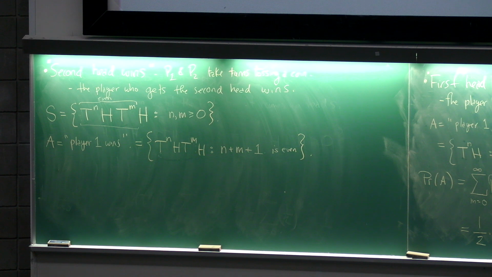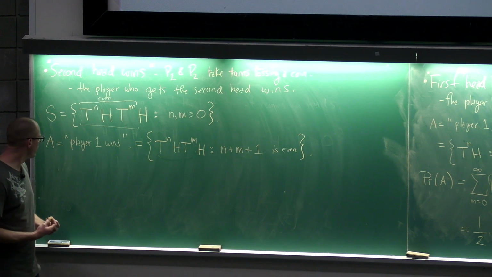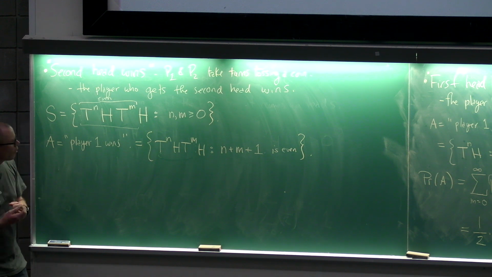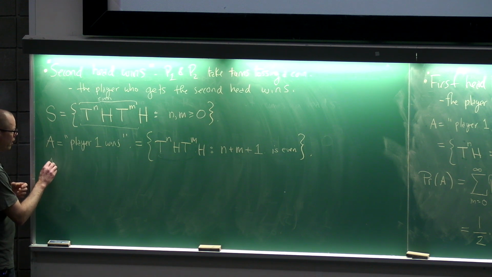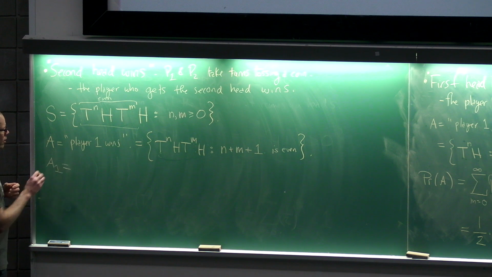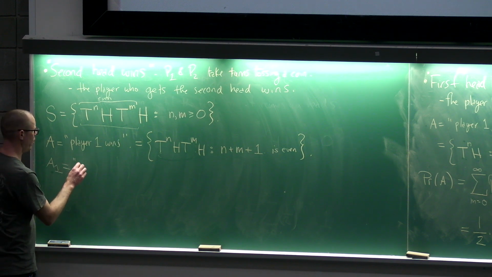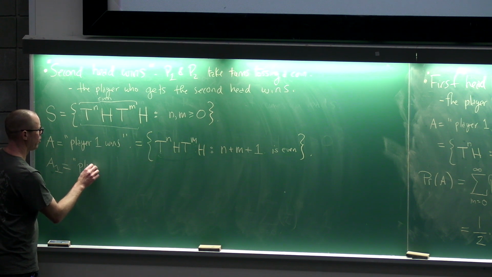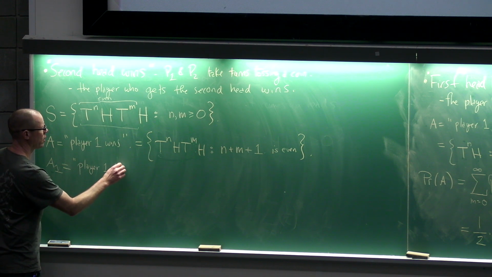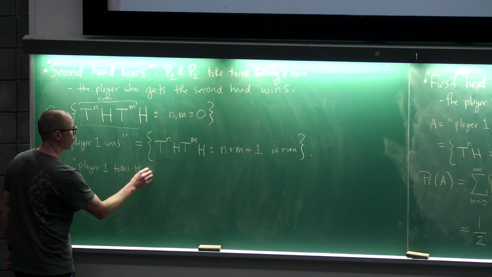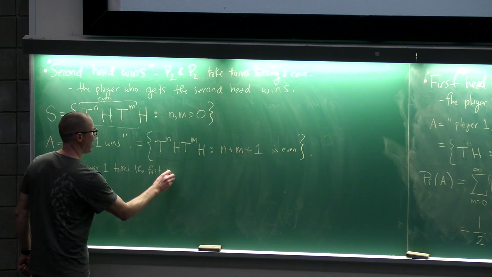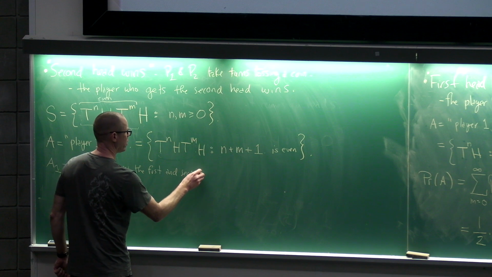So I will use divide and conquer. I have this complicated event, which I would like to break down into simpler disjoint events that I can understand. And so let's see how player 1 can win. Player 1 can win this way: player 1 tosses the first and second head.